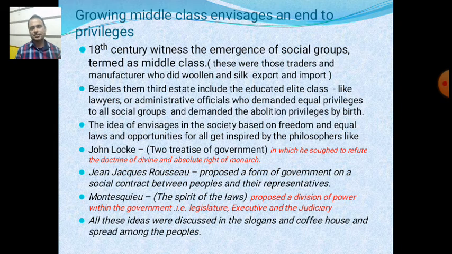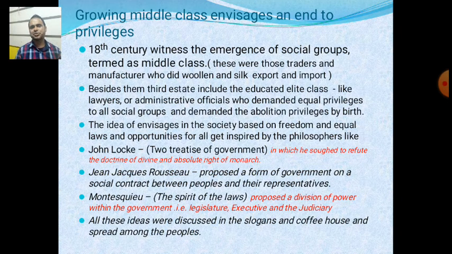In such a case, when there were a lot of hard experiences for the people, we can see there was an emergence of one new class, that is called the middle class. Now, when this middle class emerged, they were coming from different social groups, and it happened in the 18th century.